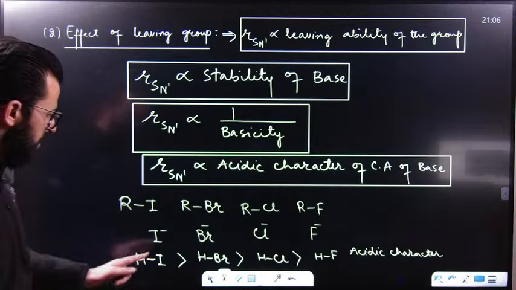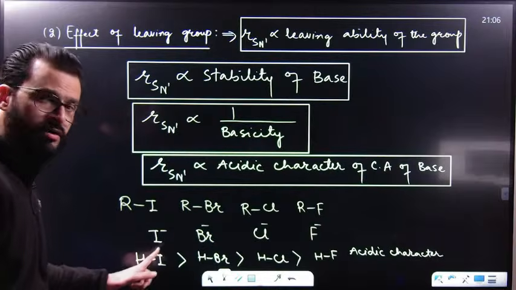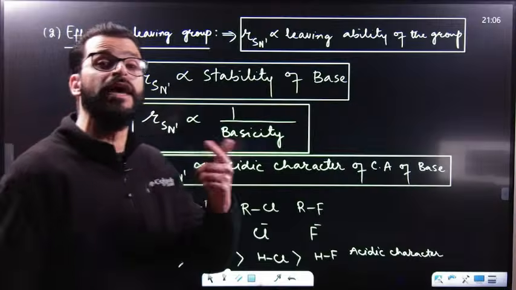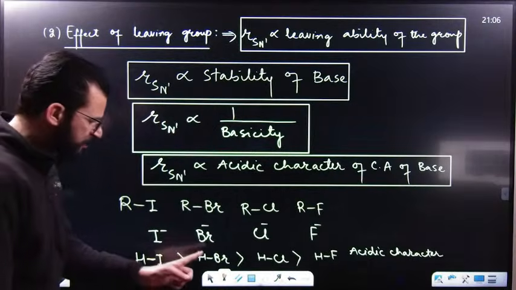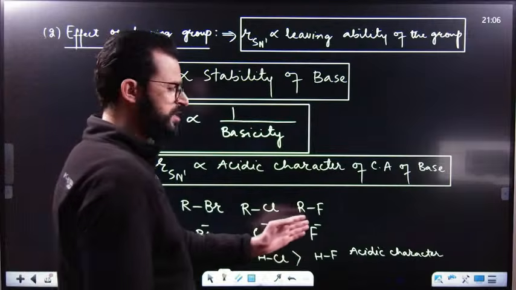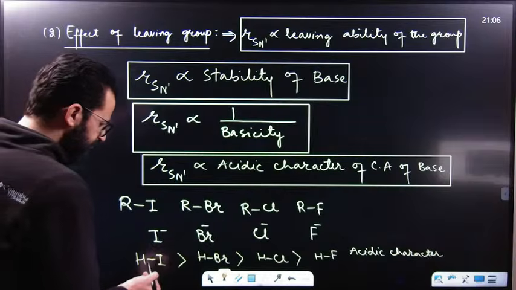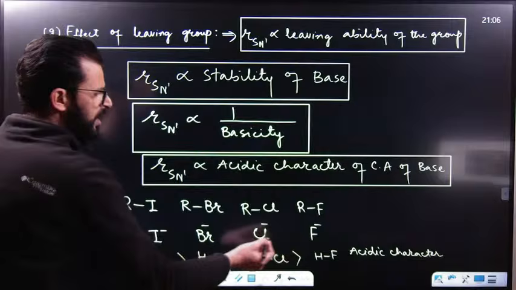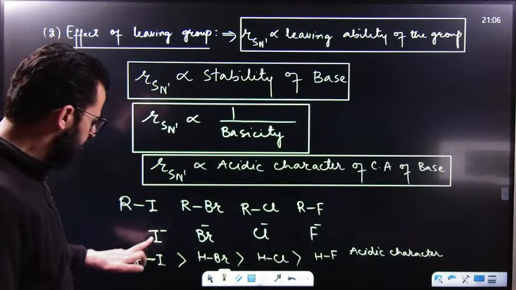Now tell me, this is the conjugate acid of this base. So we know an acid and its conjugate base, or a base and its conjugate acid, are always opposite in nature. That means if this is stronger, this is weaker. If this is weaker, this is stronger. Now tell me, if I have to see which of the following is a good leaving group, or which shows faster SN1.